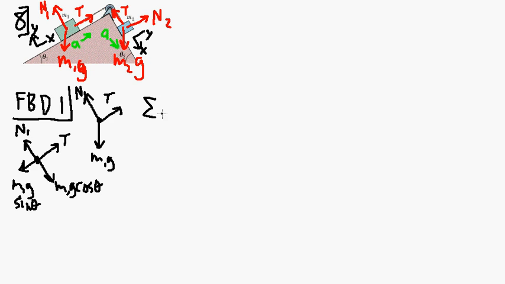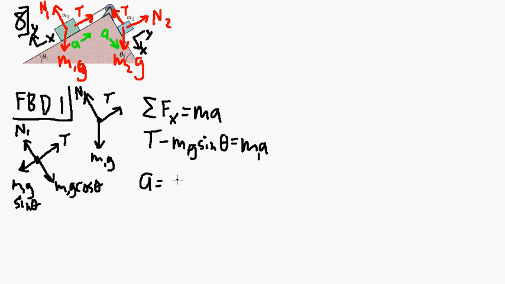The sum of forces in the X direction equals M times A. So tension, which comes up this way, minus M1G sine theta 1, equals M1A. Let's solve for A: A equals T divided by M1 minus G sine theta.